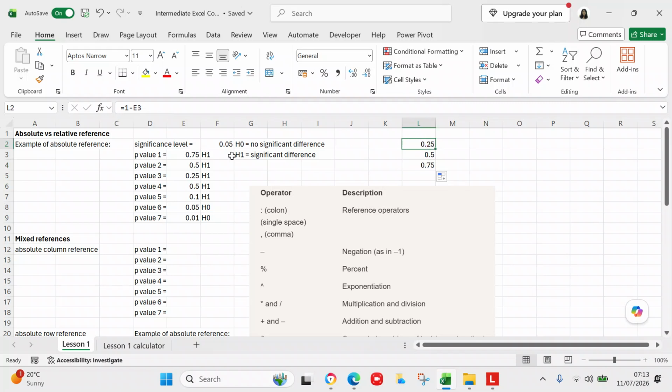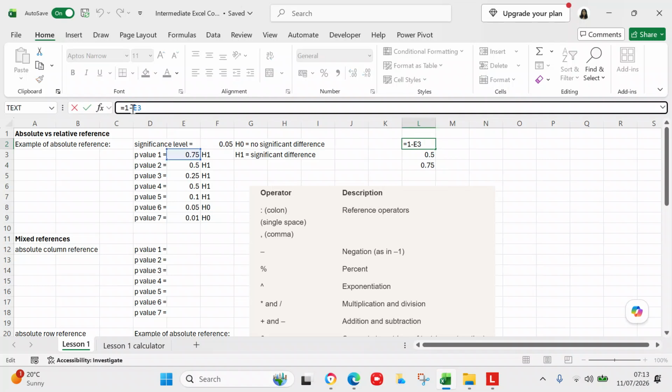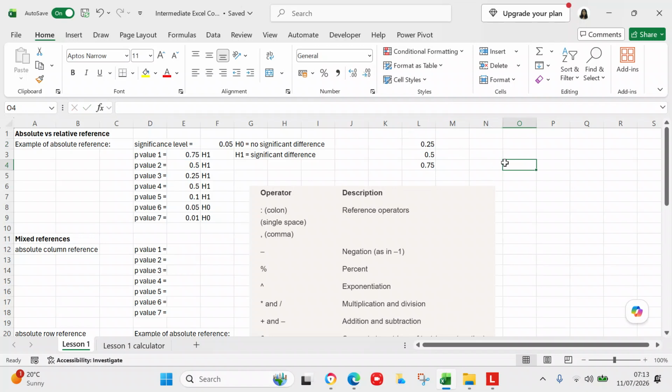But let's try this. So 1 minus $E$3. What that's telling you is that it's making E3 an absolute reference. And so if you copy the cell, it doesn't matter where you copy it, it's always going to be E3.